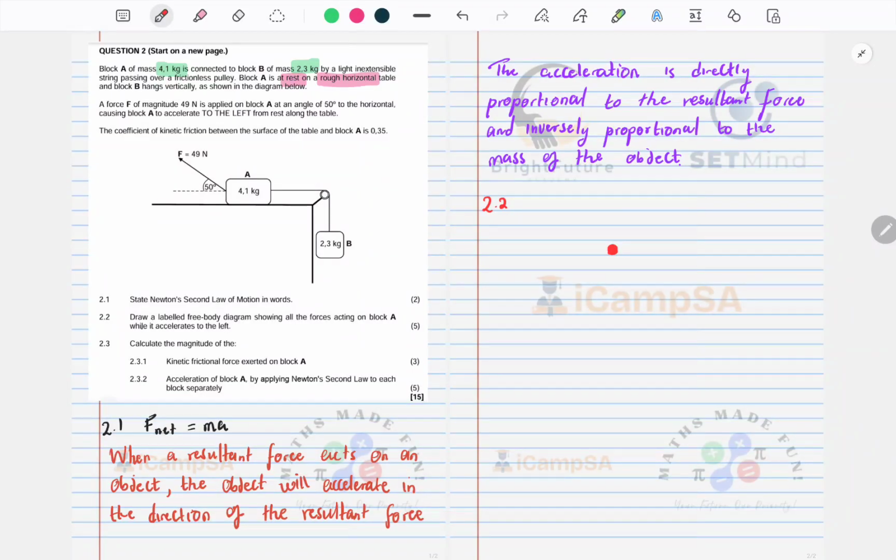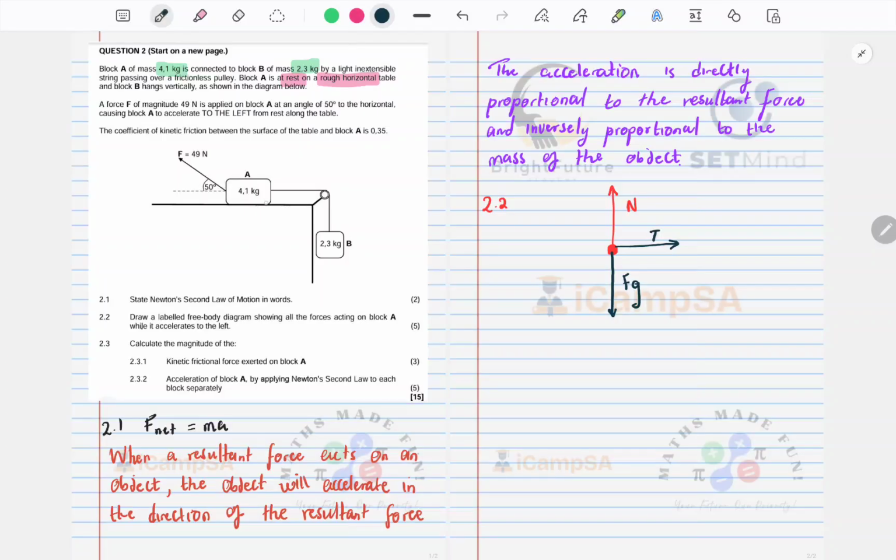Since it's on a horizontal surface, we know that here we're going to have the normal force, which is N. And then we have Fg, which is your weight, right? And then we have tension because this is connected by a string.